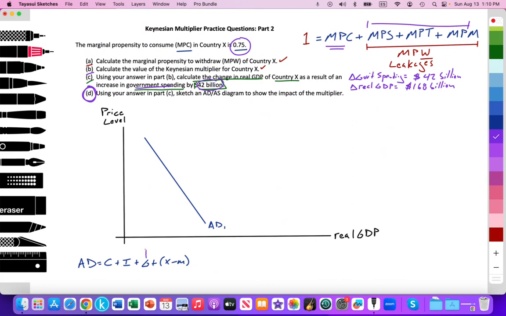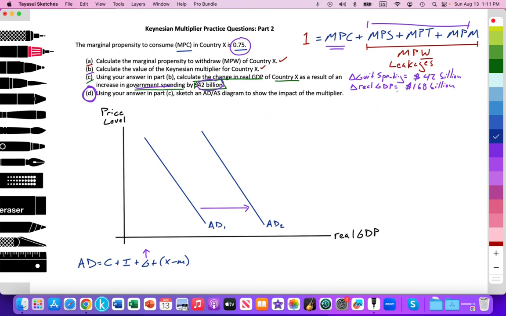So government spending increases, and that's going to cause aggregate demand to shift out from AD1 to AD2. Actually, let me undo that. I have it maybe too far out. Draw it here. Here we go. So this will be AD2.